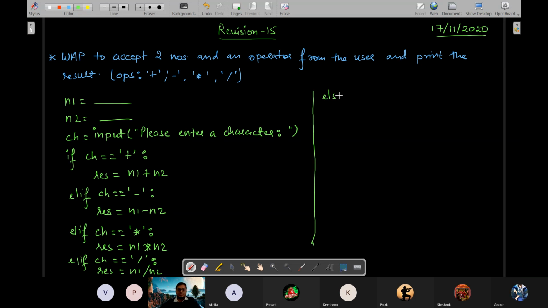Finally, else, print character not as per specification.